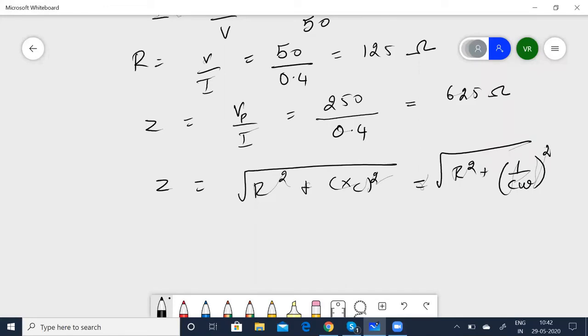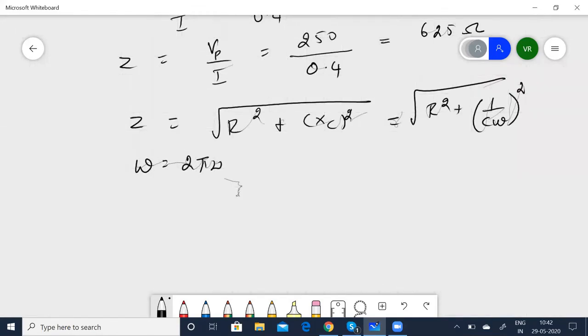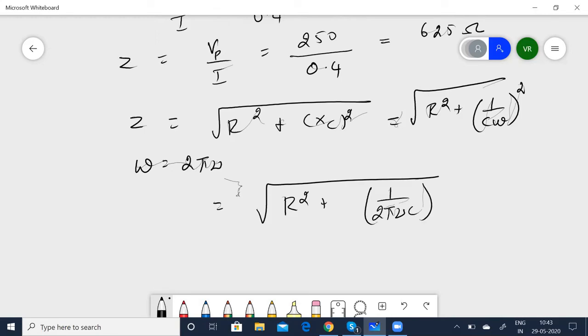XC is nothing but 1 by C omega. So since the frequency is given, we cannot use omega. We know omega is equal to 2 pi nu. So in the place of omega, let us substitute that. So that would give you root of R square plus 1 by 2 pi nu C the whole square.